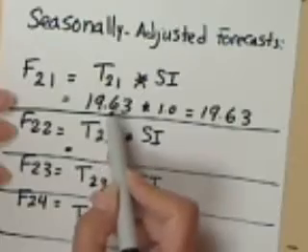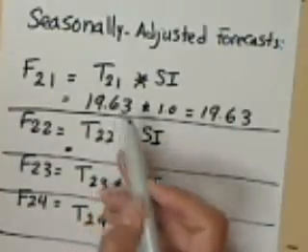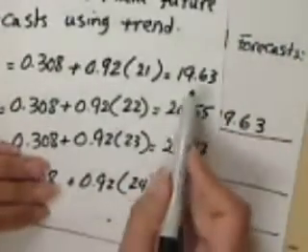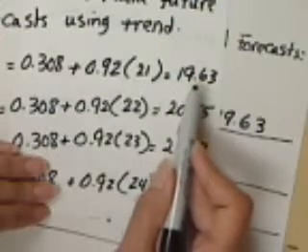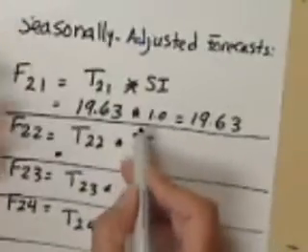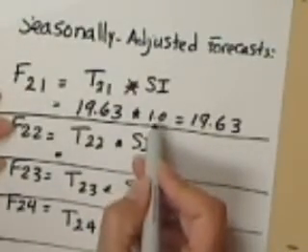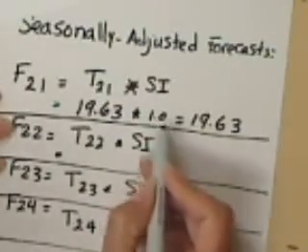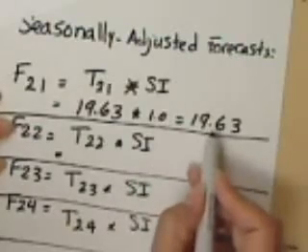So here is my trend forecast for Q1, multiplied by 1, which is the seasonal index for Q1, and you get 19.63.